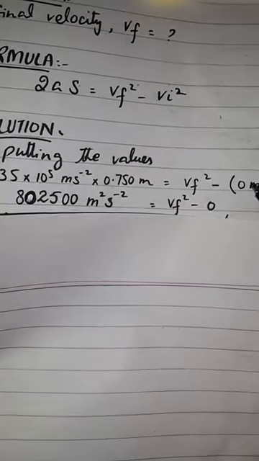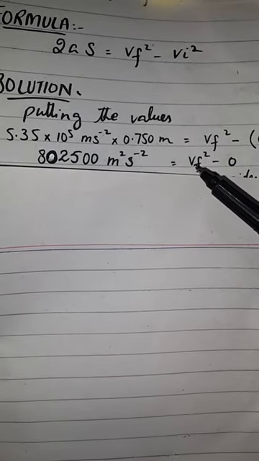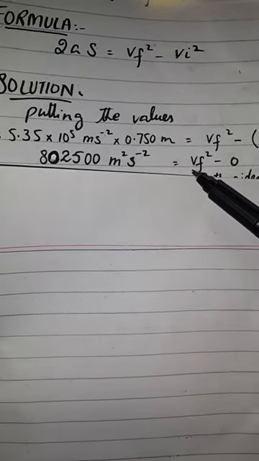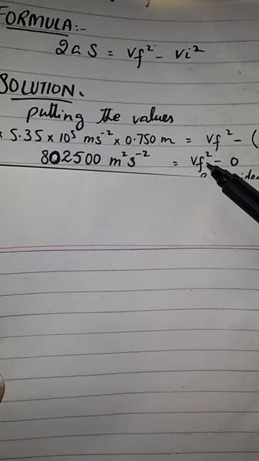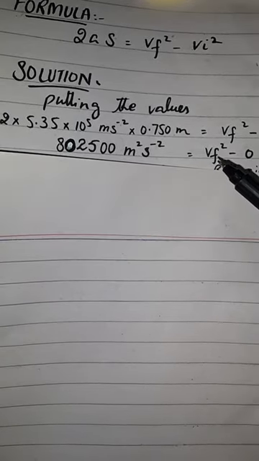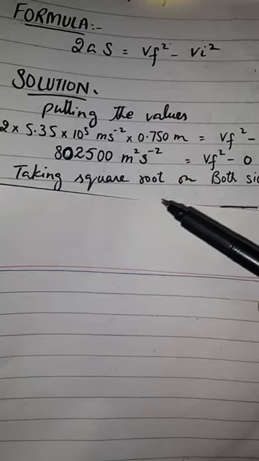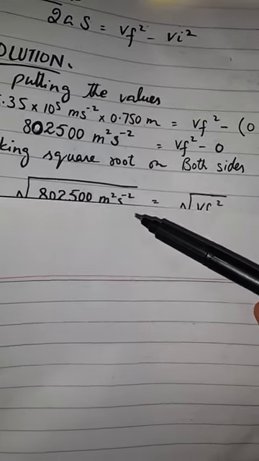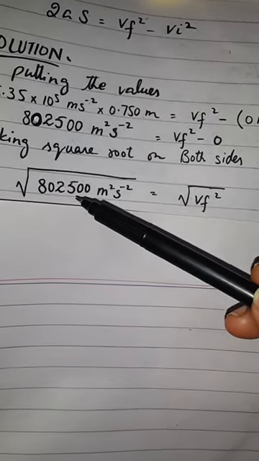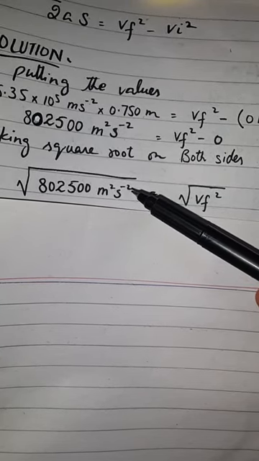Clear? The square of 0 is equal to 0, so we got Vf square minus 0. Now this is the value of Vf square, and we have to find the value of only Vf, so in the next step we take the square root on both sides.